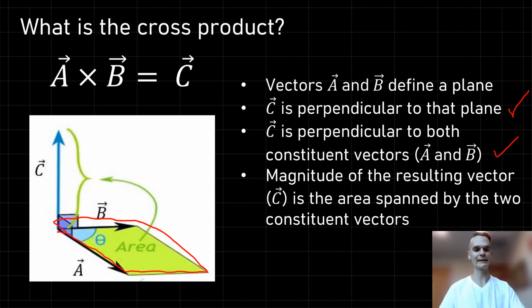So the area of that green parallelogram is equal to the magnitude of vector C. Now this is just a general definition of what the cross product is. We're going to go through each of these steps in more detail in some examples.